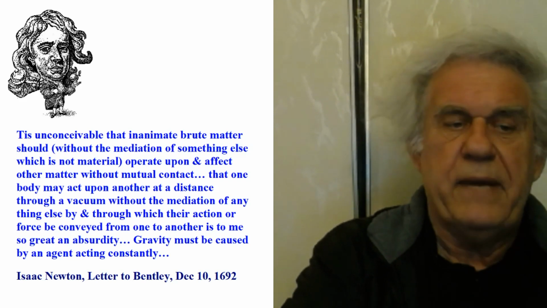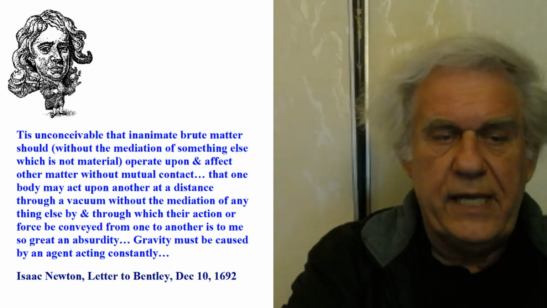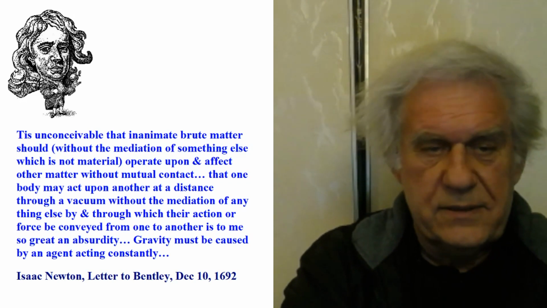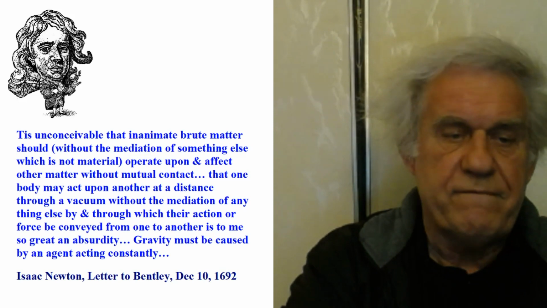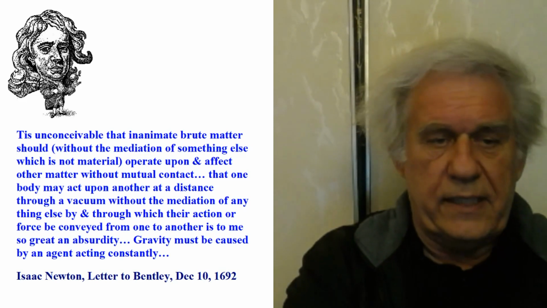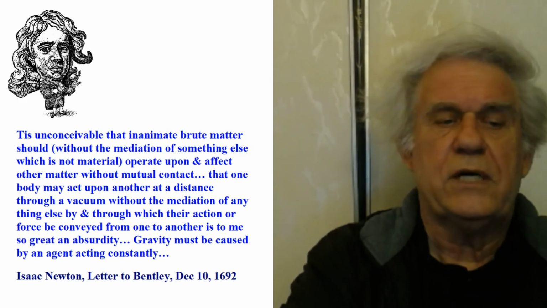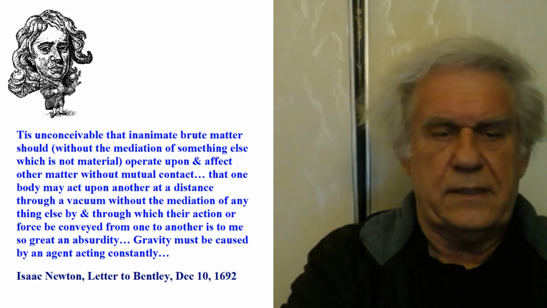That one body may act upon another at a distance through a vacuum without the mediation of anything else, by and through which their action or force may be conveyed from one to another, is to me so great an absurdity that no man can fall into it. Gravity must be caused by an agent acting constantly.